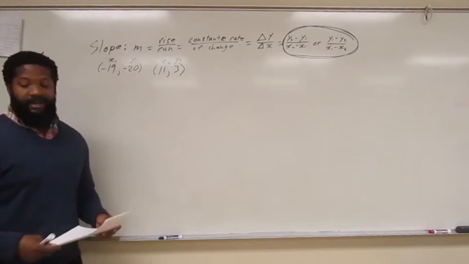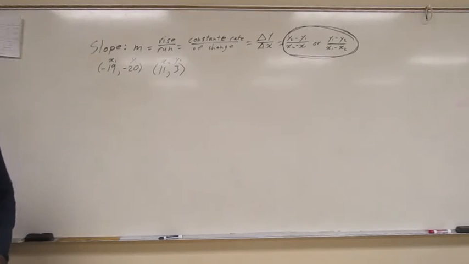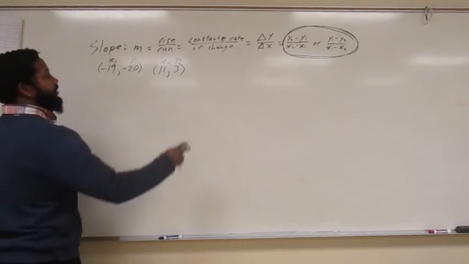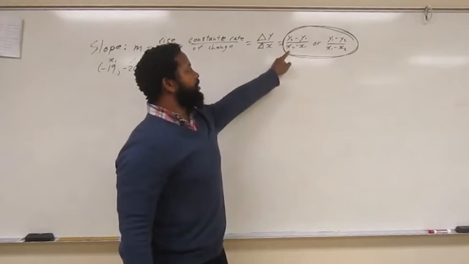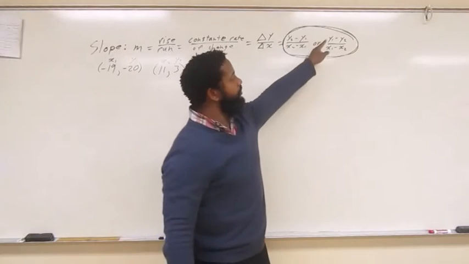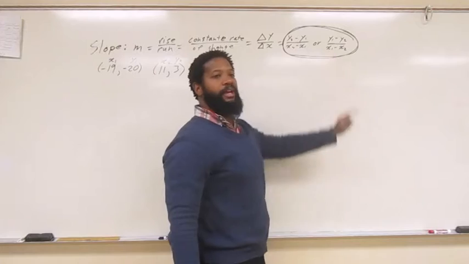That's simple, all right? And then just plug them in. If you start with the y2, you must start with the x2 on the bottom. If you start with the y1, you must start with the x1 on the bottom.